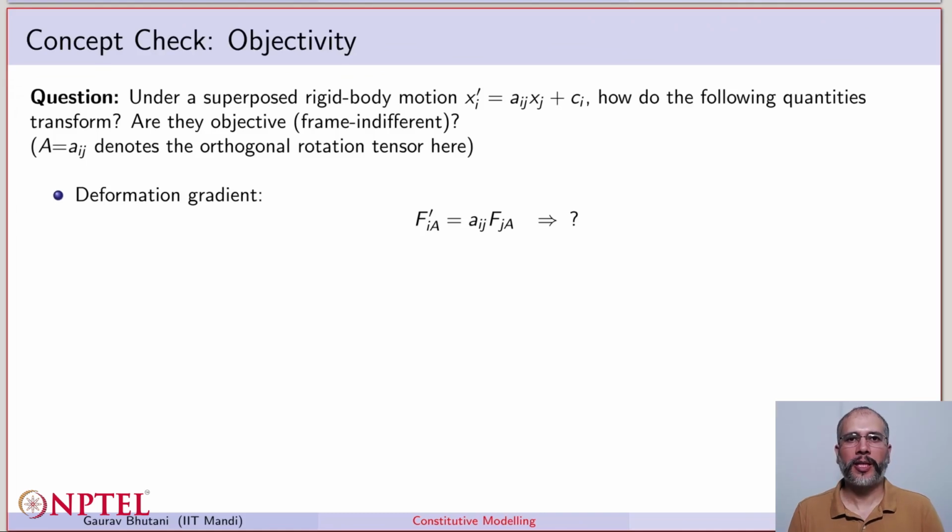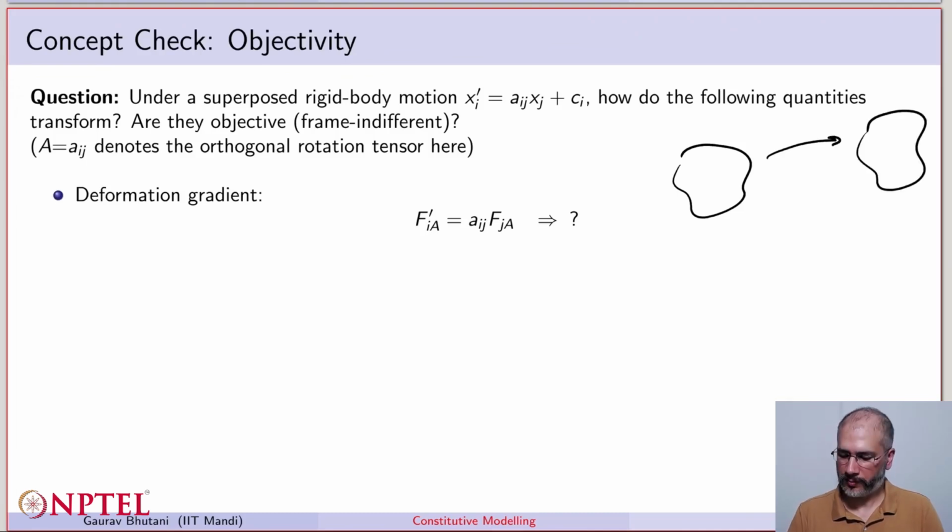So let us try to understand this idea of objectivity through problems, which will help us understand how to mathematically evaluate whether a measure is objective or not. Let us say that there is a deformation where we go from a reference configuration to a current configuration in the body.